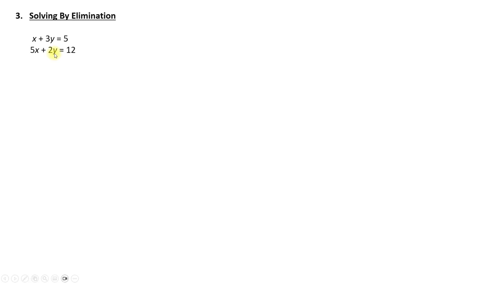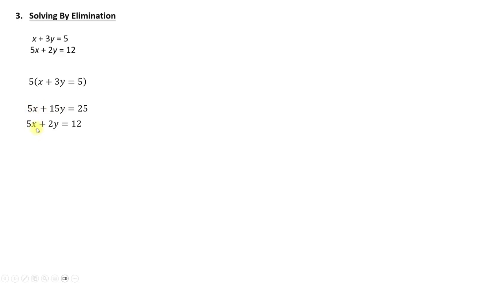So we have to add another step before we can solve by elimination. If we took this first value and multiplied it by 5, we'd multiply both sides by 5, we would get 5x plus 15y equals 25.